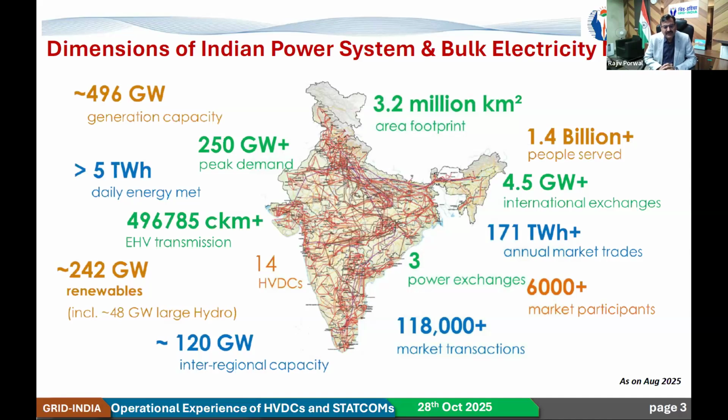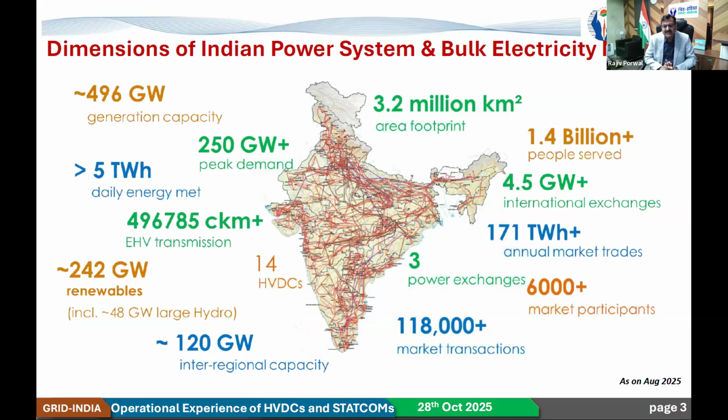We have 14 HVDCs and 3.2 million square kilometers of footprint, and 1.4 billion people, as you all know. We have 4.5 gigawatts of international exchange with our neighboring countries such as Bangladesh, Bhutan and Nepal, and a very small quantum with Myanmar. And then around 171 terawatt hours of annual market transactions.